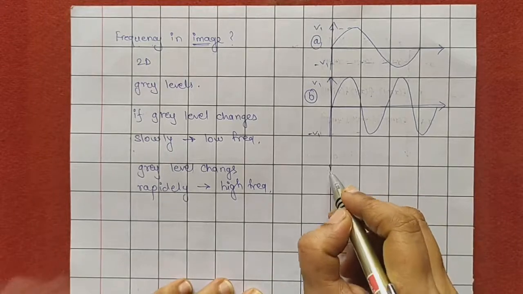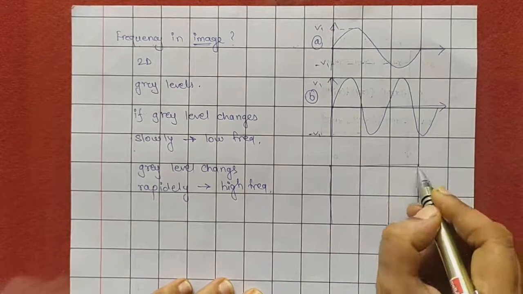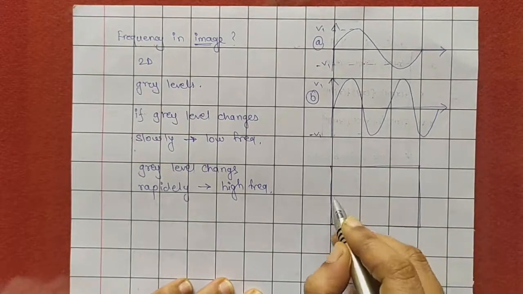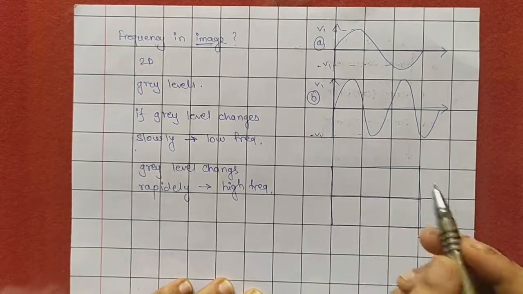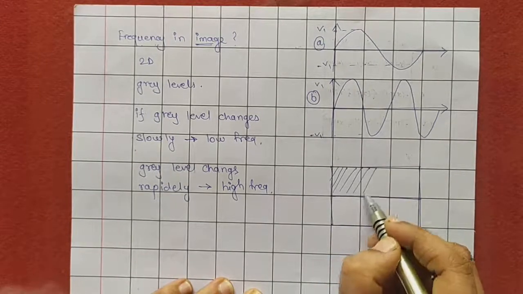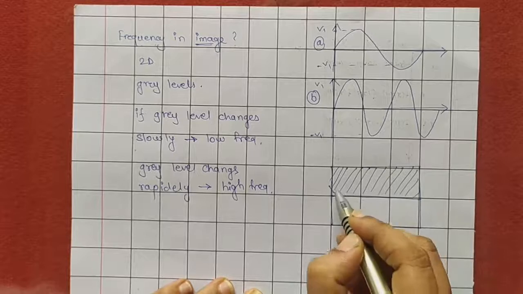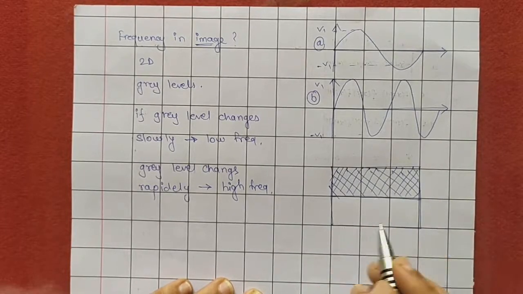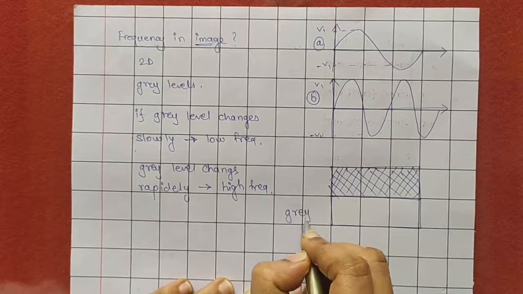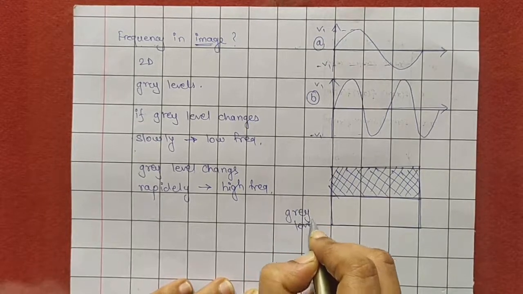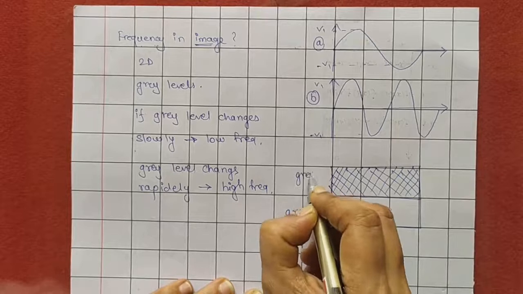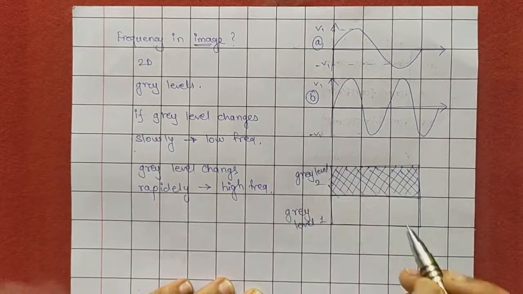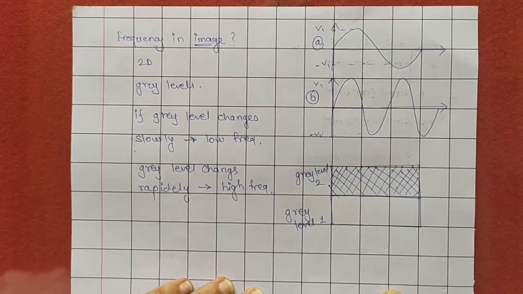Generally in images, at the borders, we have such a change in frequency. Let's consider here, this is gray level 1 and this is gray level 2. Two different gray levels are represented here.